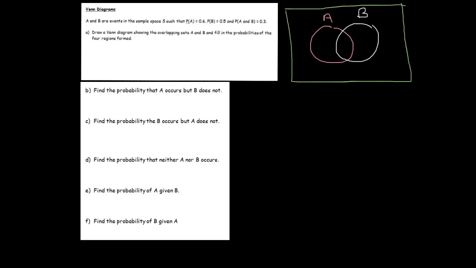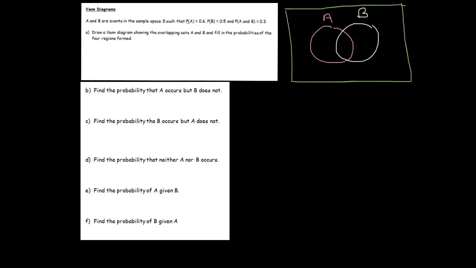They told us that the probability of A is 0.6 and the probability of B is 0.5. What that means is that everything in the red circle has to sum up to 0.6 and everything in the white circle has to sum up to 0.5. Since there are two regions in each of those, the overlapped region and the one that's not overlapped, we don't really know exactly where to put the 0.6 and the 0.5. In other words, we can't put those in the circles yet.